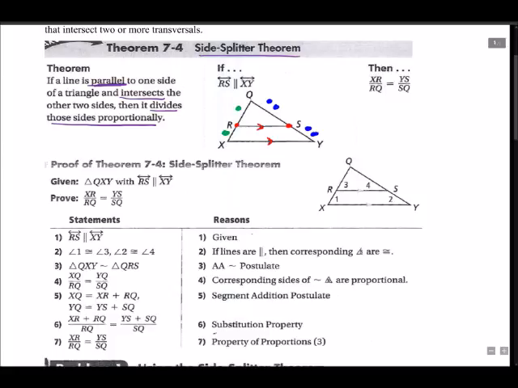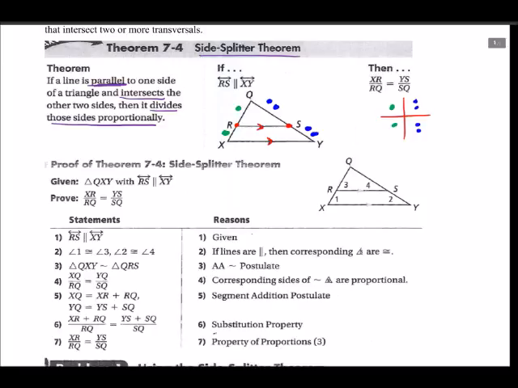So my sides are broken up proportionally. Don't forget that a proportion is just a four square. There's my two left segments and my two right segments. And so we can write a proportion from that.